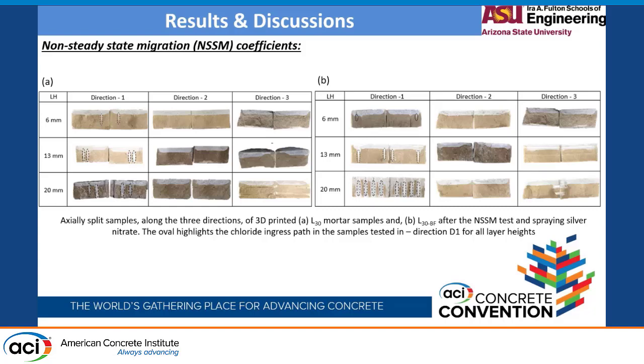Now, this is the non-steady state migration test. These are the samples that were tested, and after the test was completed, silver nitrate was sprayed on the samples, and the white color shows the precipitate formed.